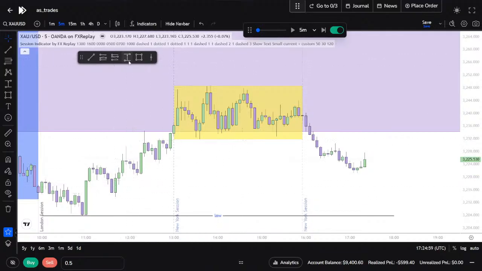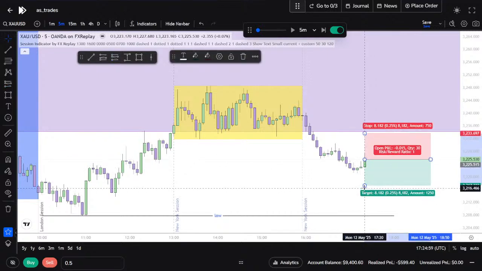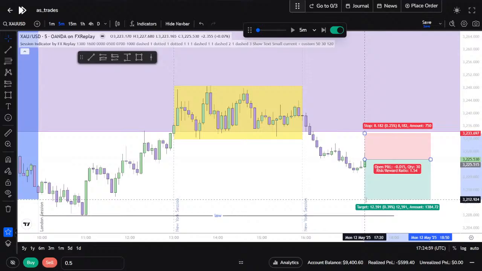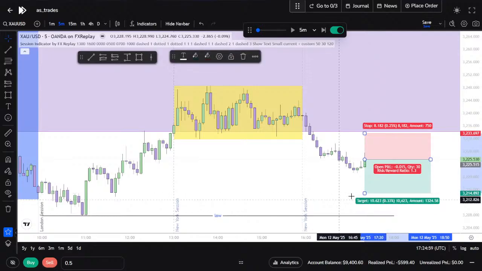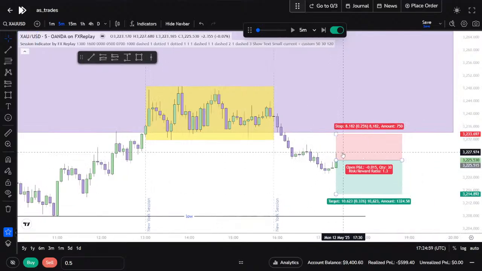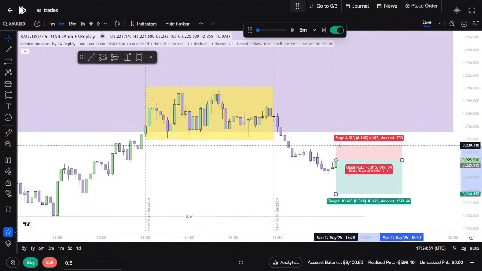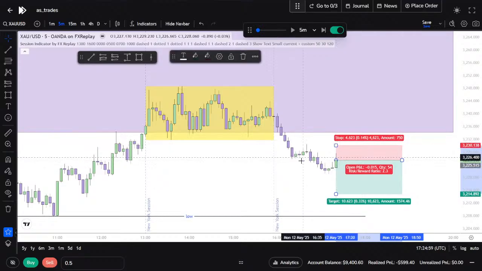So what we could do, we could short here, aim for this fair value gap. Just aim halfway through there, 10.6 pips, and let's see where we should put our take profit.